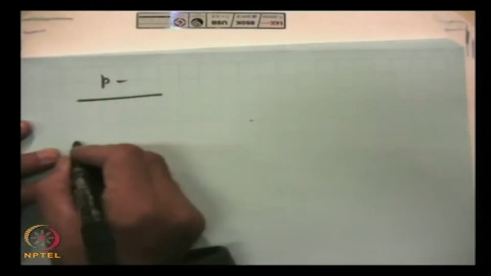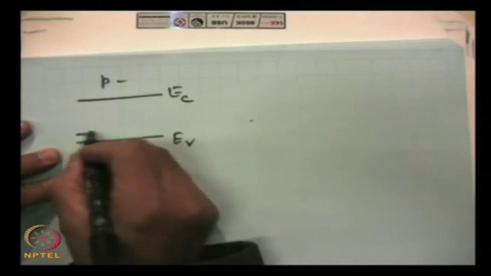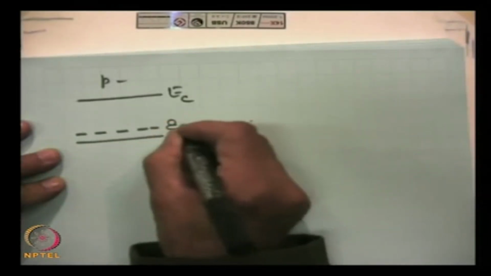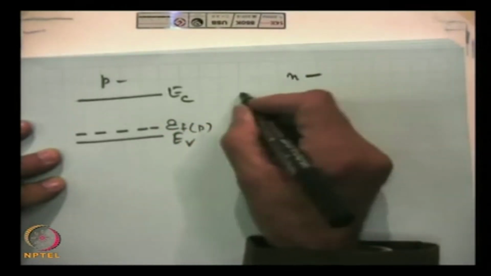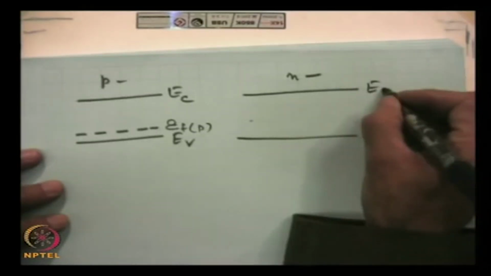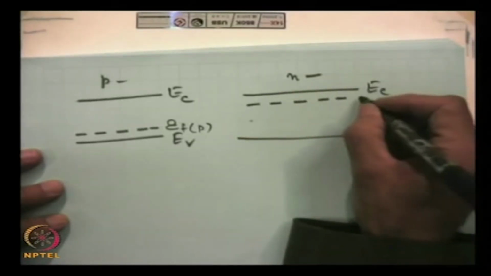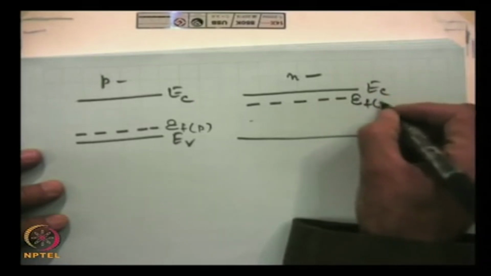All this can be very well understood if we understand this. So, here is the p semiconductor, and this is the Fermi level for the p type material. Similarly, here is the n semiconductor when they are separate. This is this position when they are separate, and this is Ec, Ev, and this is the Fermi level for the n type material.